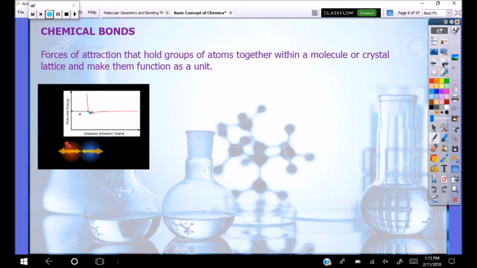Chemical bonds are forces of attraction that hold groups of atoms together within a molecule or a crystal lattice, and it makes them function as a unit. When we think about that, it is good to think about Coulomb's law, which we looked at briefly in the last unit.